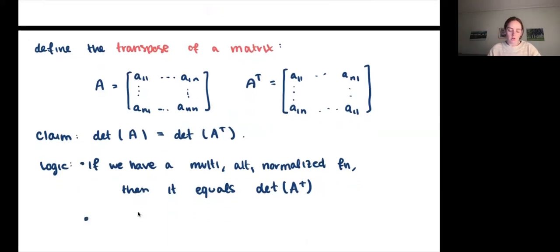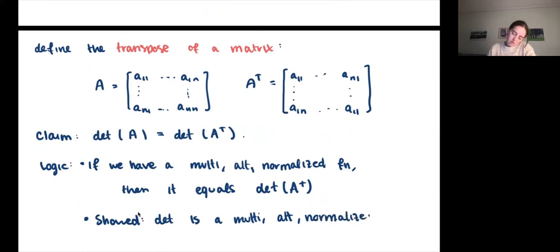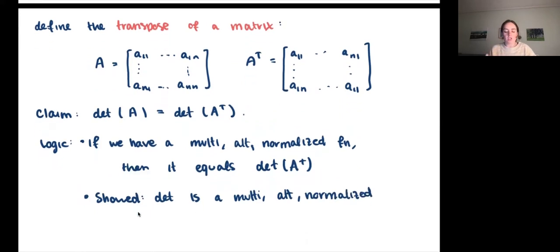So we showed the determinant is a multilinear alternating normalized function. So by the first point, it must also equal this function.